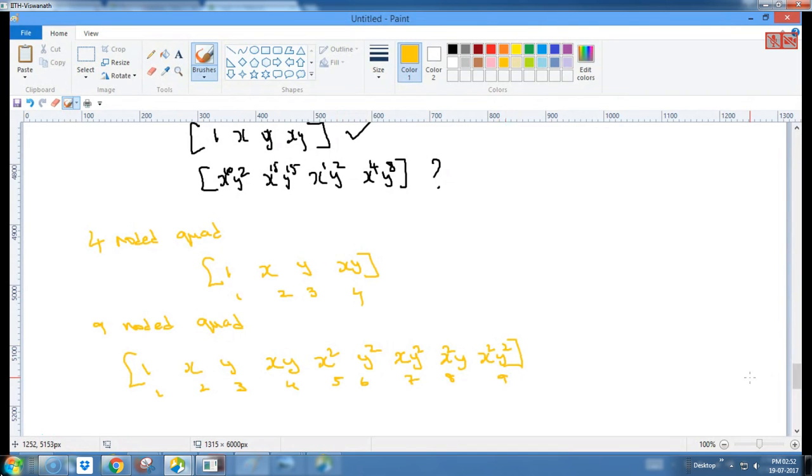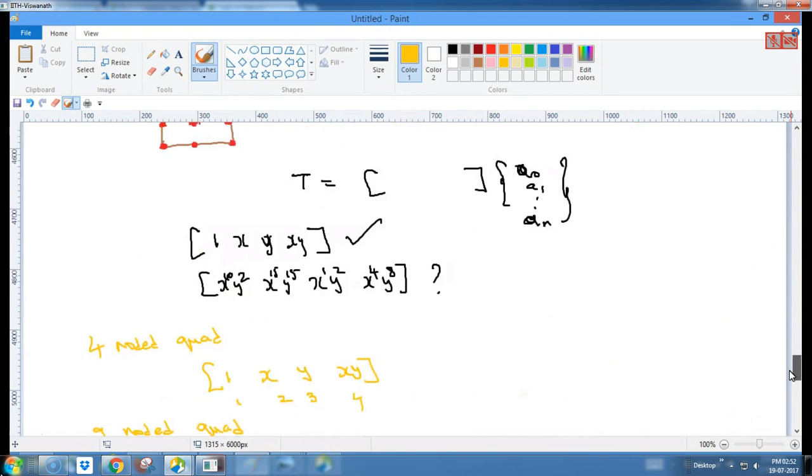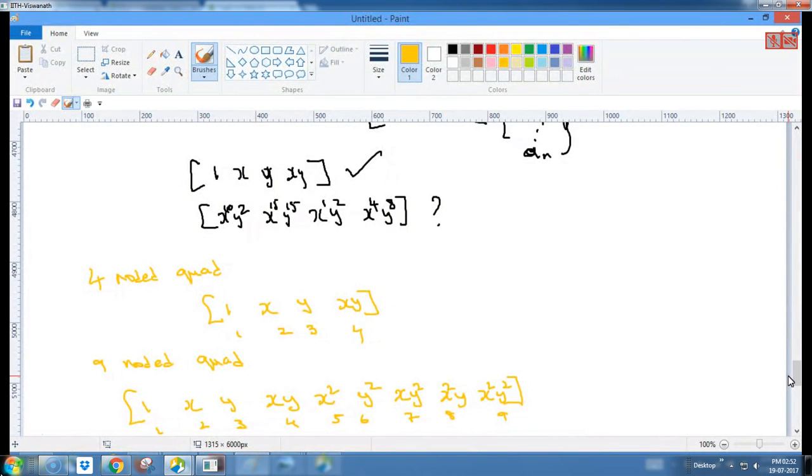So how did we choose? I just took all the coefficients within this thing. So 1 is there, x is there, y is there, xy is there, x square is there, y square is there, x y square is there, x square y is there, x square y square is there. That's what I have written in this thing. Similarly, if I take a 3-noded triangle, then my basis function is 1, x, and y.